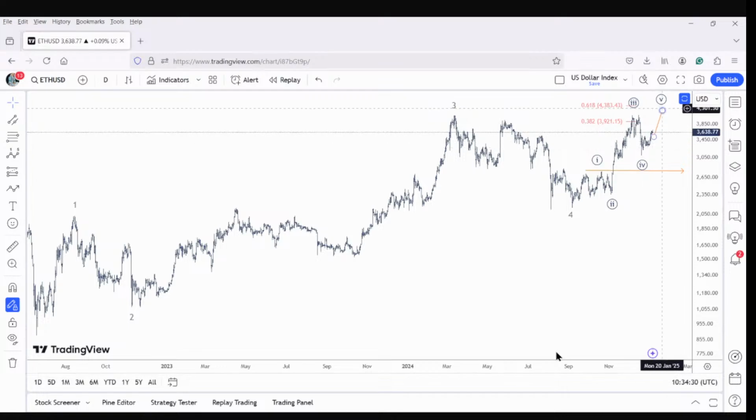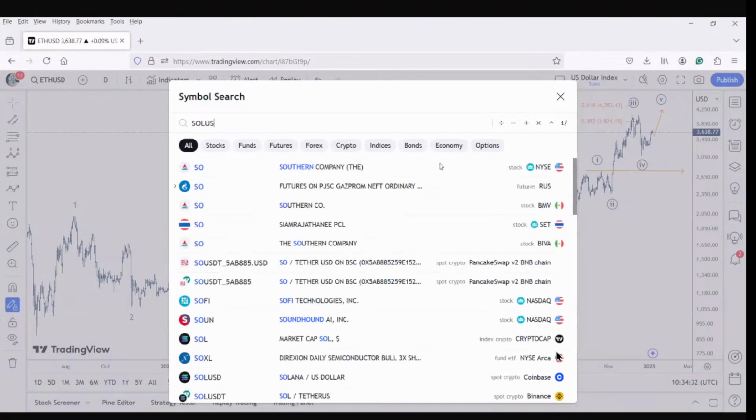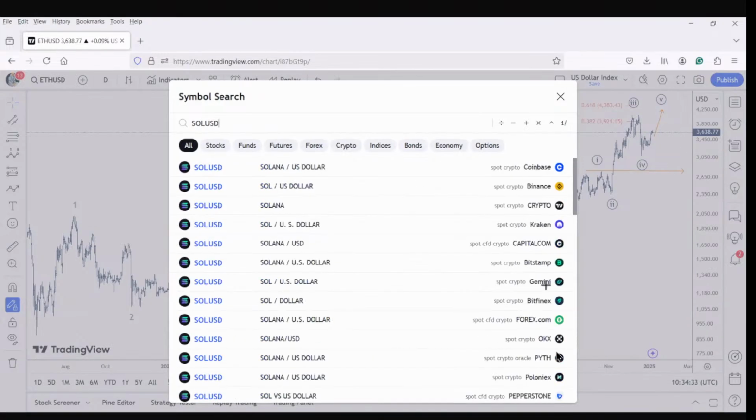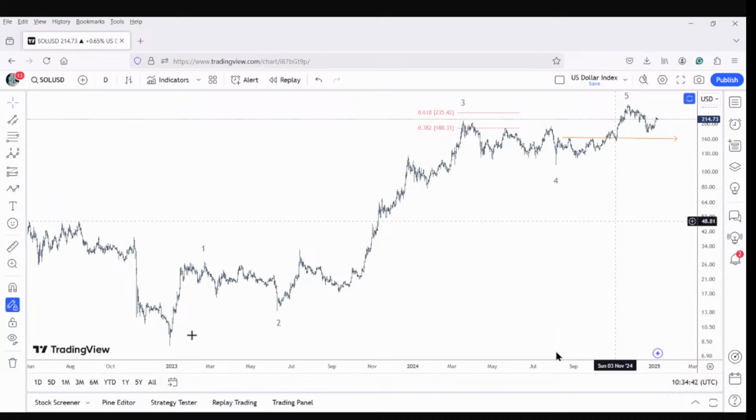And Solana, I think, has already done. We have discussed this three times now since last week. Bringing it up once again, Solana might have just completed a print. This looks very neat, actually. The first impulse, corrective wave two, wave three subdividing clearly into five waves.